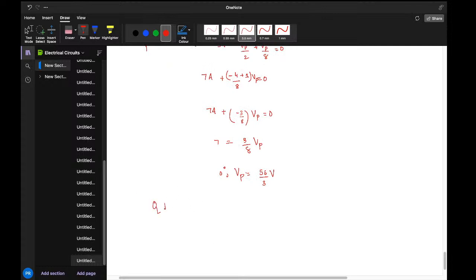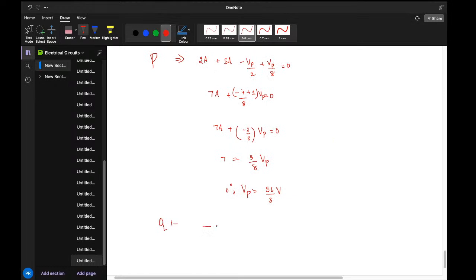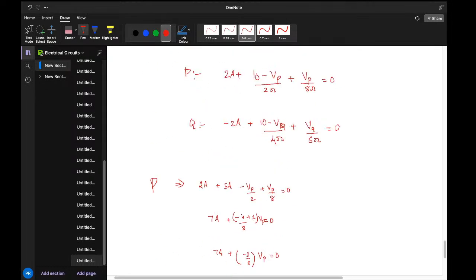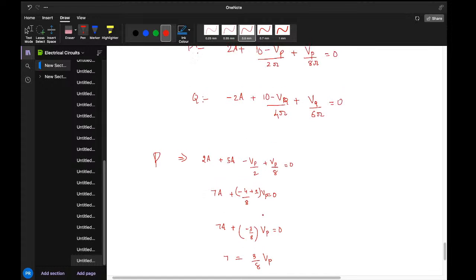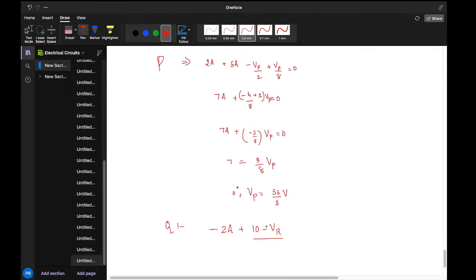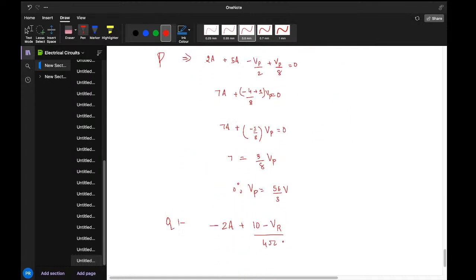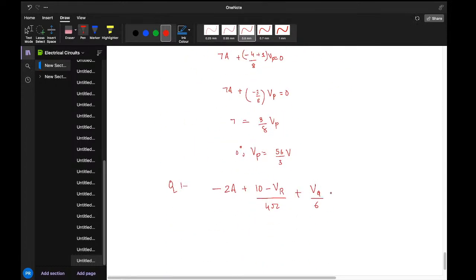Next at Q we have minus 2, 10 minus V of R divided by 4, so it's minus 2 ampere plus 10 minus V of R divided by 4 ohm plus V of Q by 6 is equal to 0 over here.